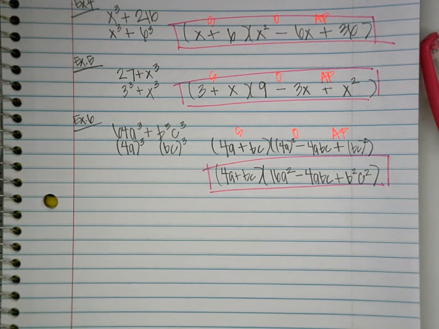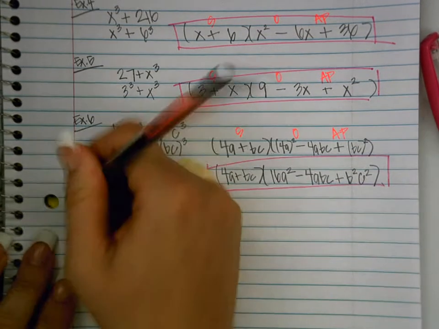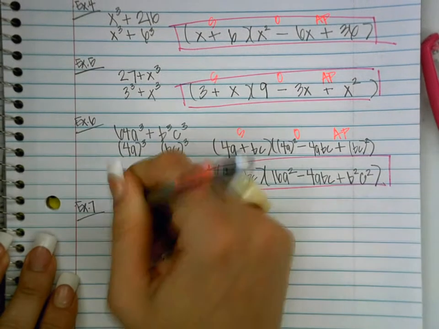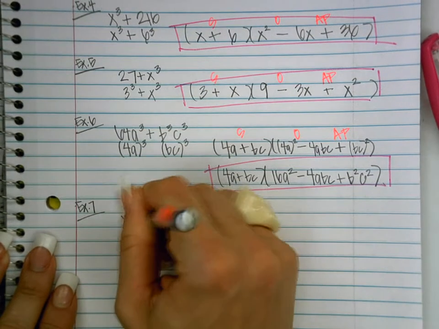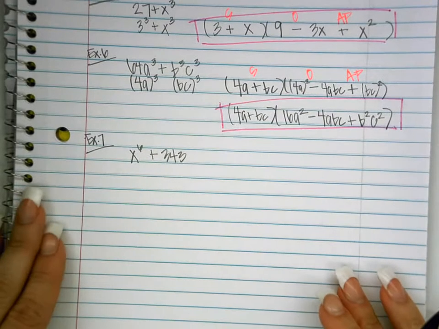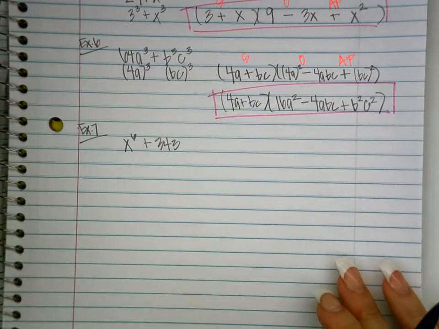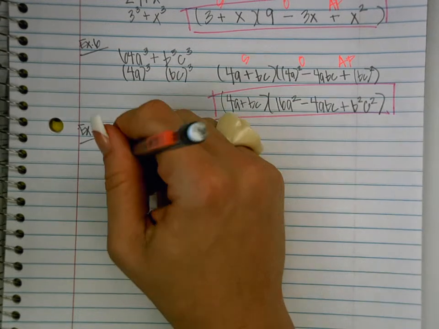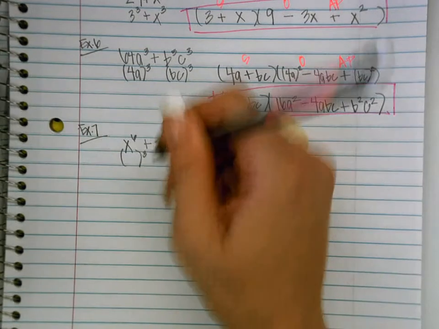Okay, two more. Number 7. I would like you to factor completely x to the 6th plus 343. So what cubed gives you x to the 6th?